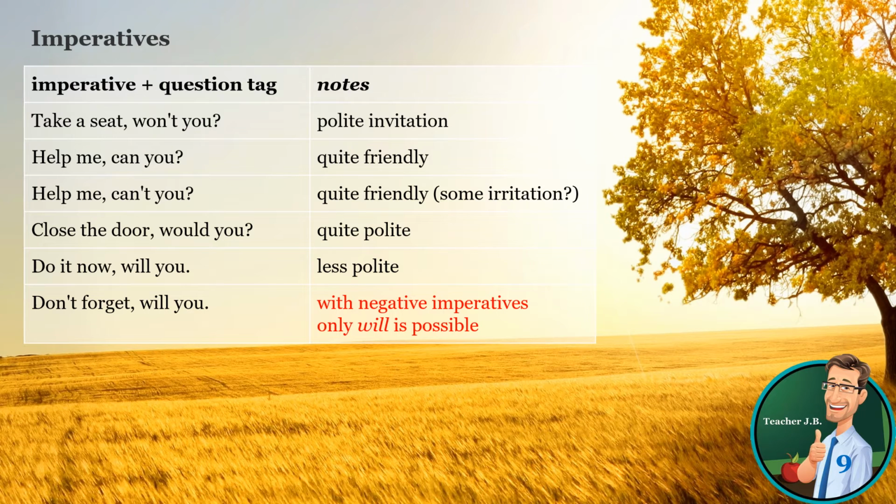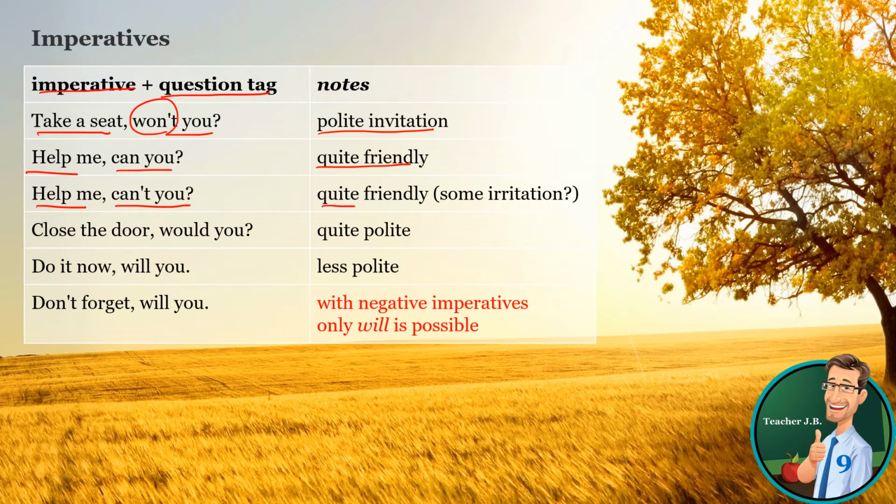In case of imperative, you follow this text. Take a seat. Won't you? So it's a polite invitation. Help me. Can you? Quite friendly. Help me. Can't you?